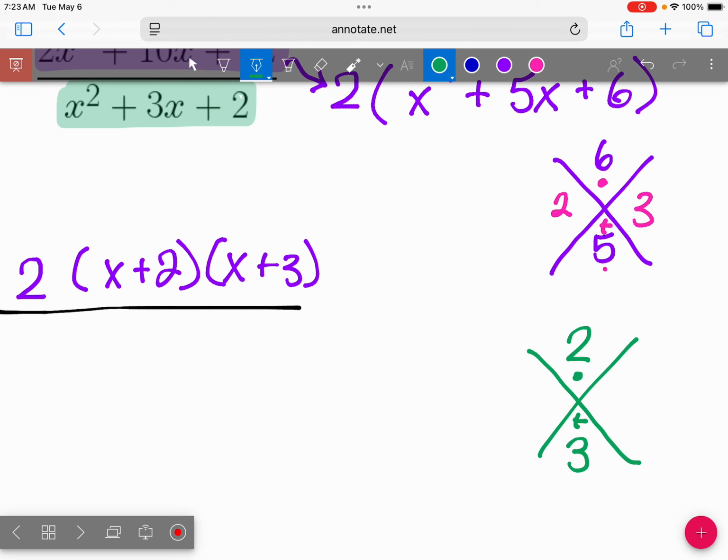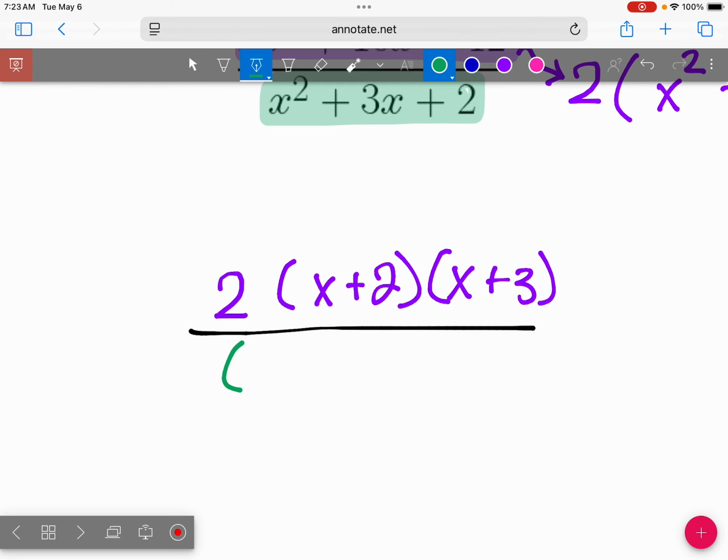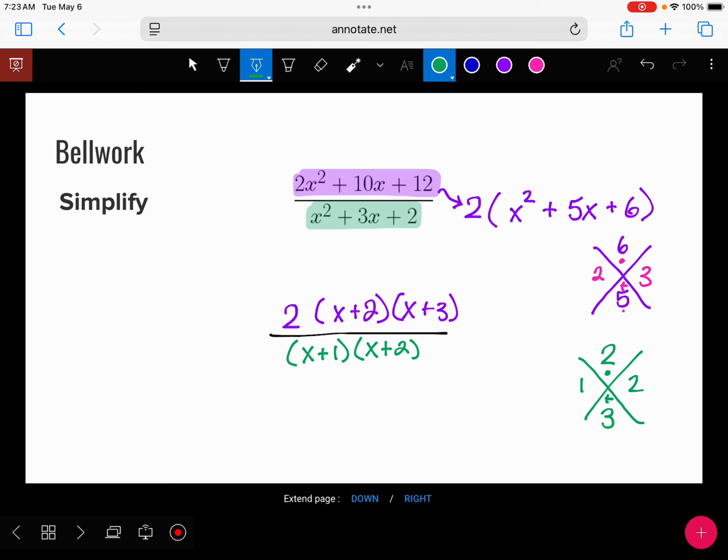Those are literally the only integers that multiply to make 2, and those do in fact add up to make 3, so those are our guys. So our factors here are x plus 1 and x plus 2. So what can we do to simplify here?